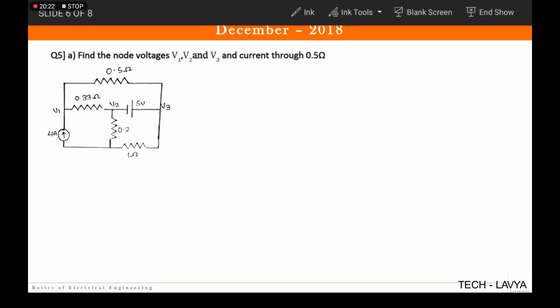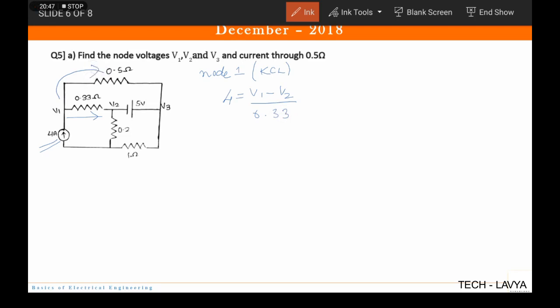So first we will proceed with node 1. So apply KCL at node 1. Nodal analysis is KCL, isn't it? So here we have 4 ampere current source. So it will be 4 is equal to, now we will first go in this direction. So it is V1 minus V2 upon 0.33.